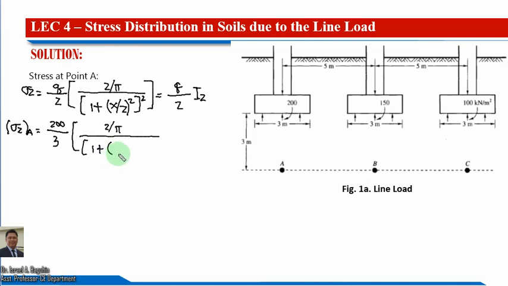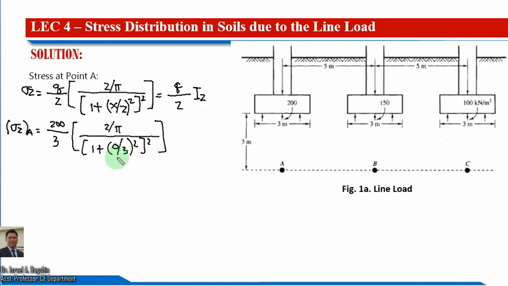Since we are considering first the point A, we use this one as our reference point. So our x here is just equal to 0 over 3, squared, and then raised to the power of 2.